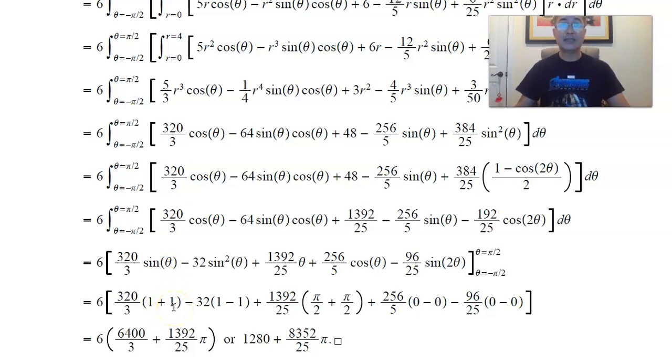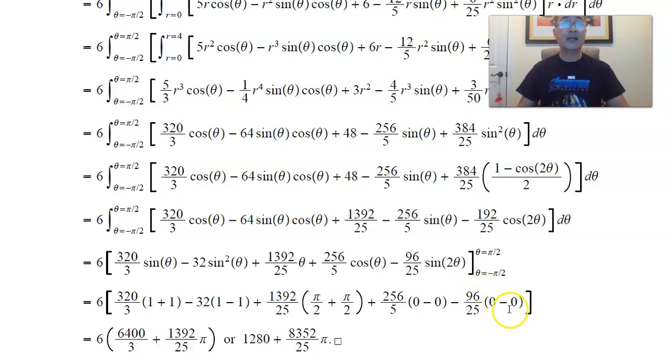So sine pi over 2 minus sine of negative pi over 2, that minus sine negative turns into a plus. Sine squared theta, now it's positive. So 1 minus 1, that goes away. Theta, pi over 2 minus minus pi over 2, plus pi over 2. How about cosine theta? Ooh, cosine pi over 2 and negative pi over 2. Both 0, thank you very much. Double angle, sine of pi, sine of negative pi.